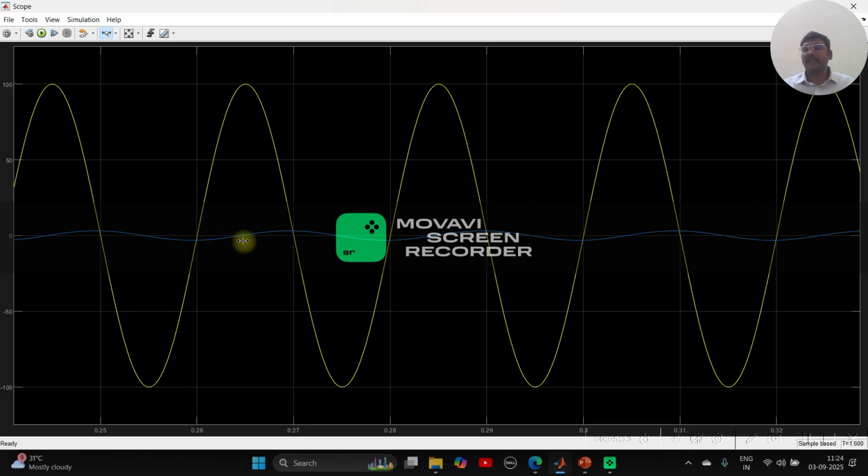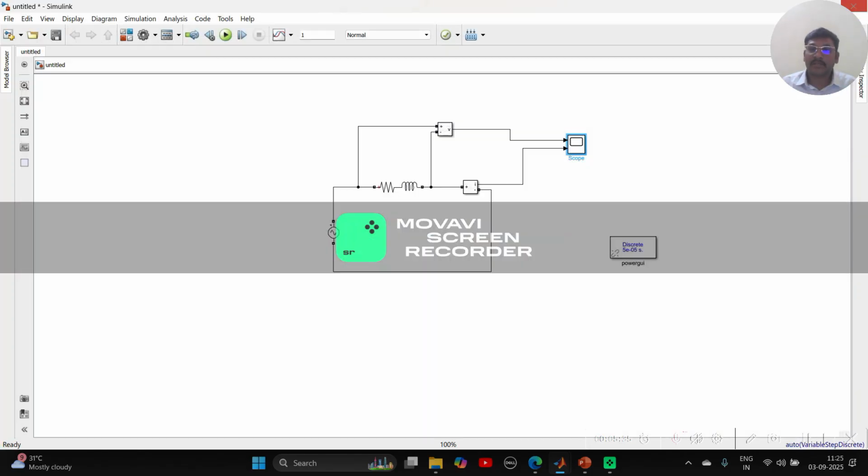When you increase the inductance value, the phase angle difference increases. And if you decrease the inductance value, the phase angle difference between the voltage and the current will come down. Okay, so that is the theoretical versus practical concept comparison. Thank you.